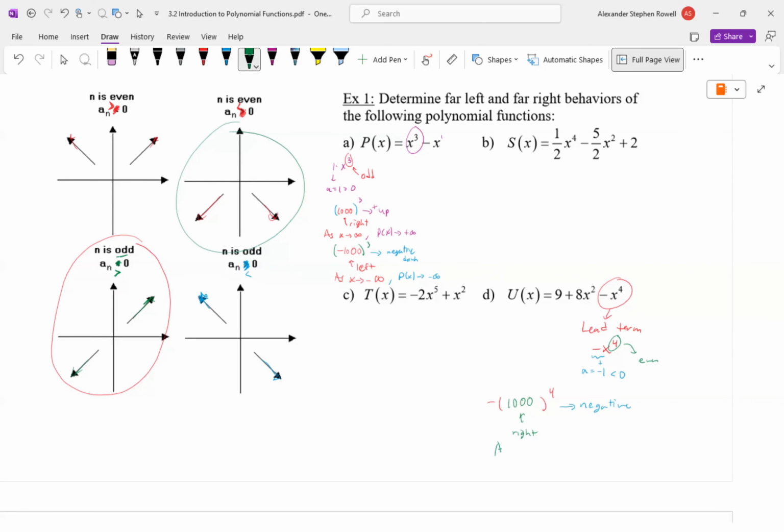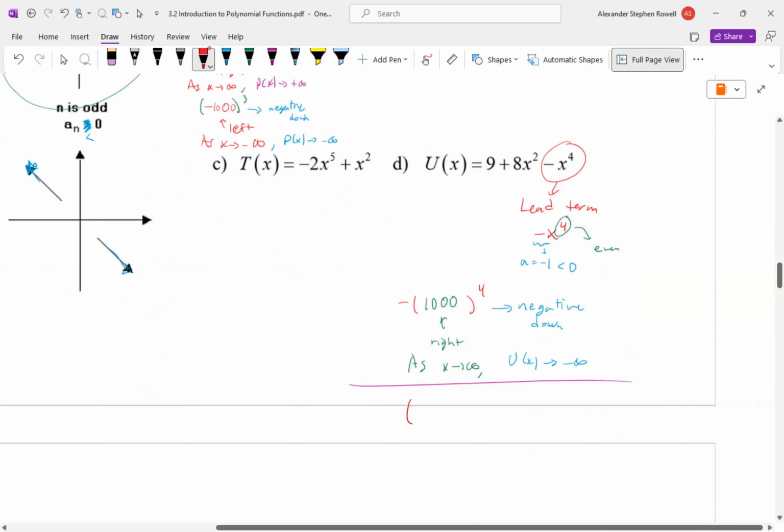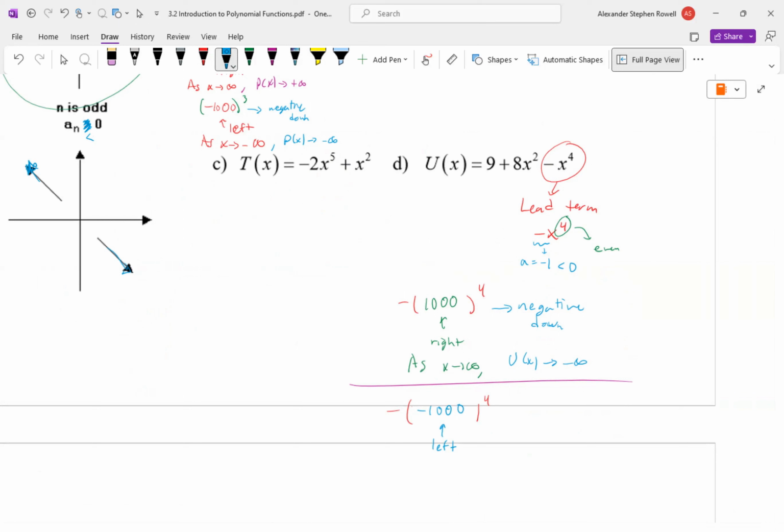To the right means as x goes to infinity, my y value, u of x, goes to negative infinity. So I go right and we plug in to our lead term our favorite negative number, negative 1000. As I go to the left, does my y value go up or down?